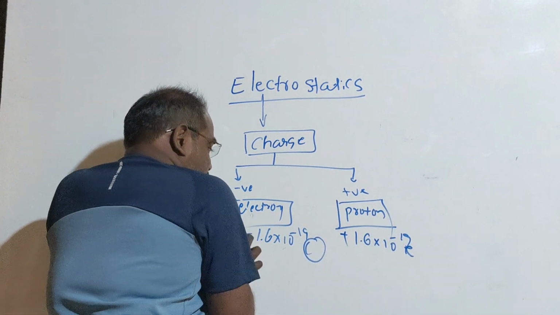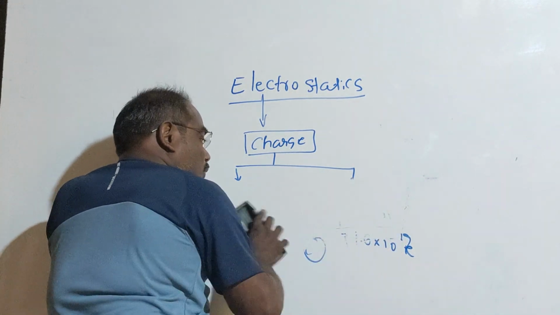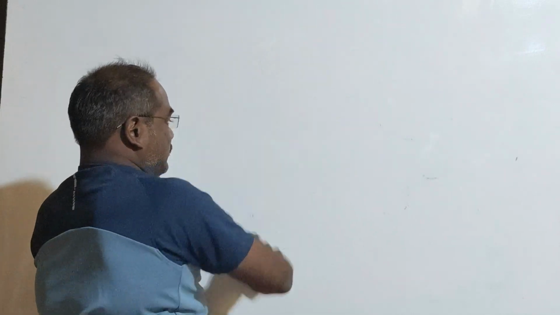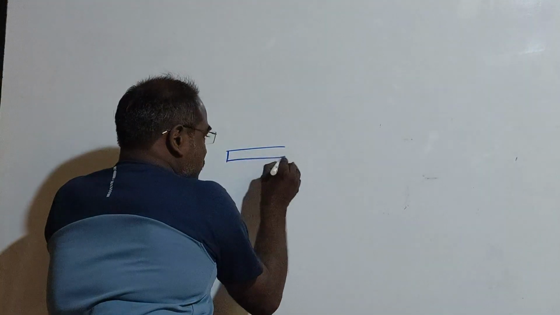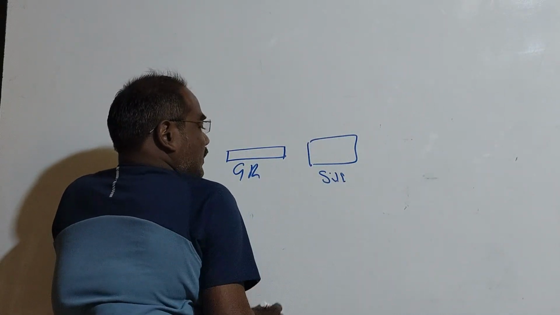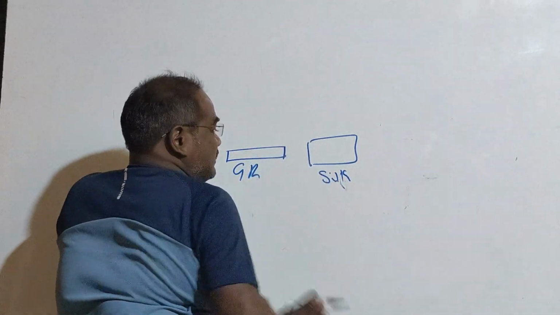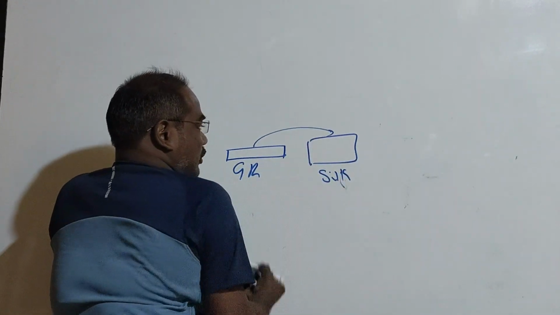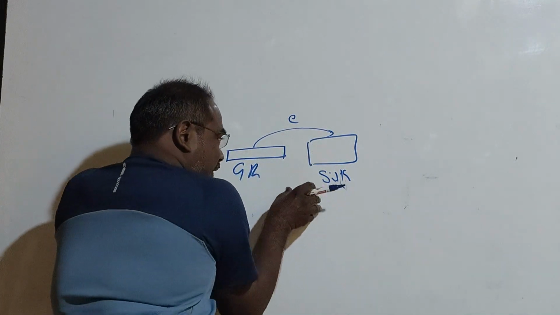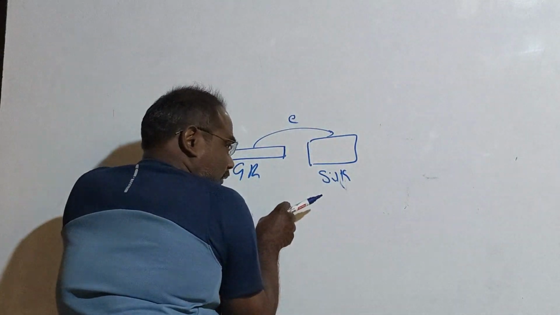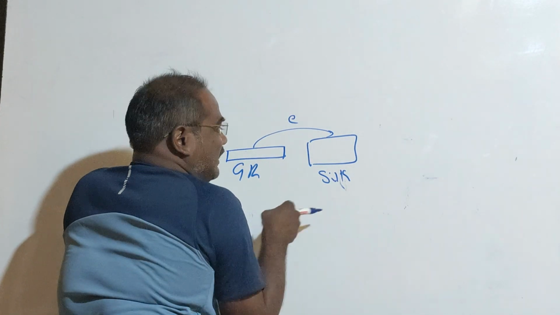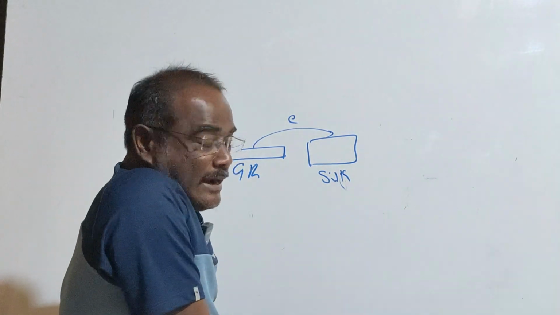See, what we discussed in an experiment: a glass rod and silk cloth. If these two are rubbed against each other, there is a transfer of electrons from one body to another body. If I try to keep them in contact for some time, after some time they will no longer be charged because they attain neutrality.